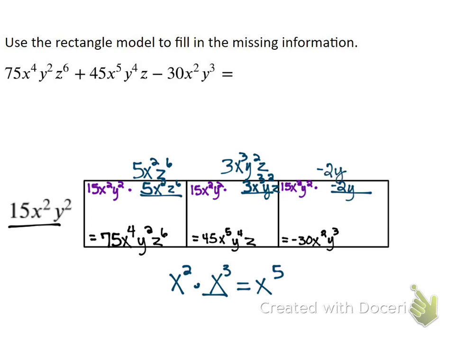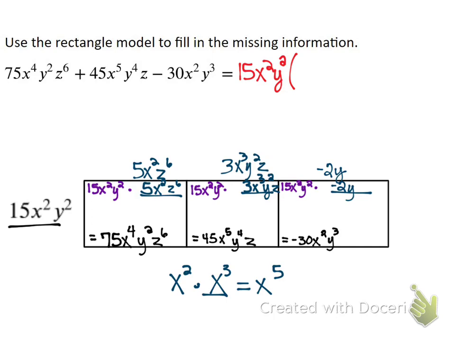Okay, so I have my total area. So now I need to fill in my information. So if I have the total area, how do I write my last part of my answer, my area model here? Well, you put the height in there. Okay, what's the height? 15x squared y squared. Okay. Then what? Parentheses. Because I'm going to take that height times each length, right?